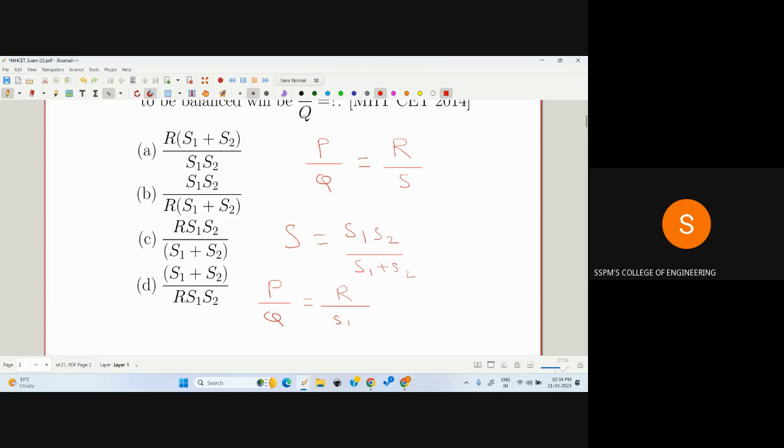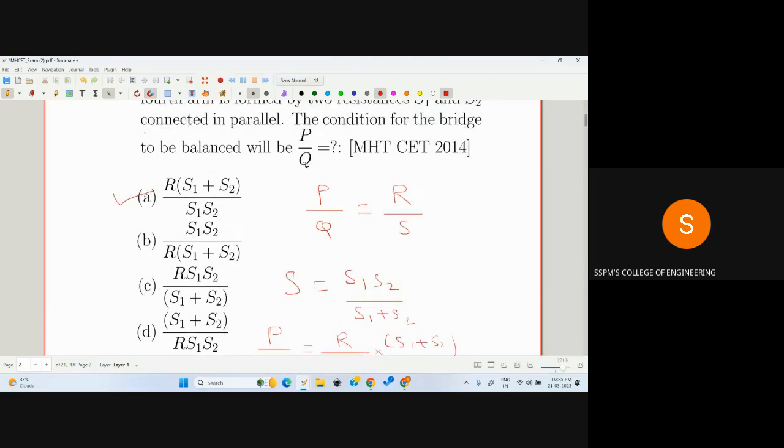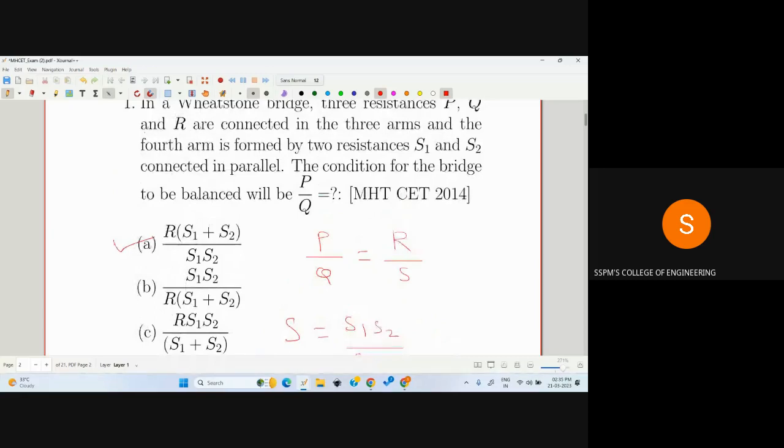So which is the correct answer? Option A is the correct answer. In this example, you need to remember the condition for a balanced circuit. The condition for a balanced circuit is P upon Q is equal to R upon S, where P, Q, R, S are connected in a bridge like this.